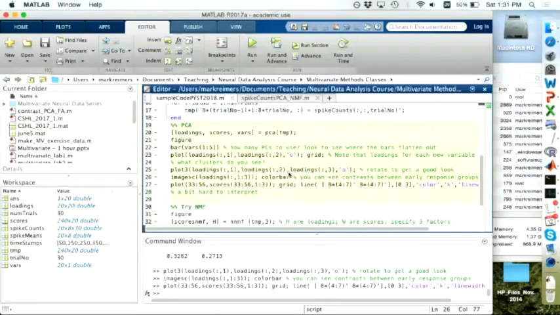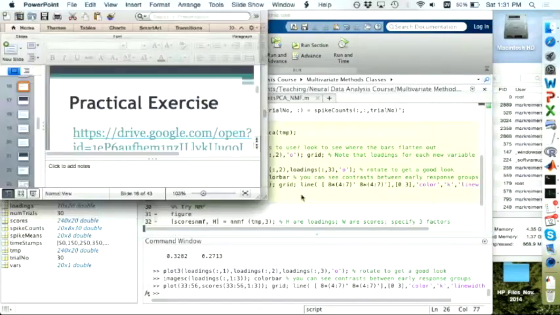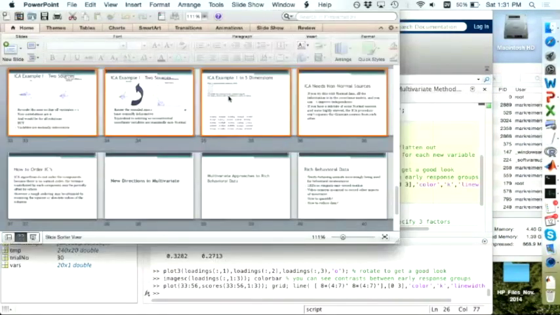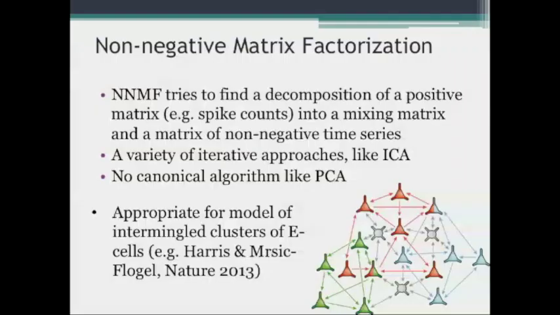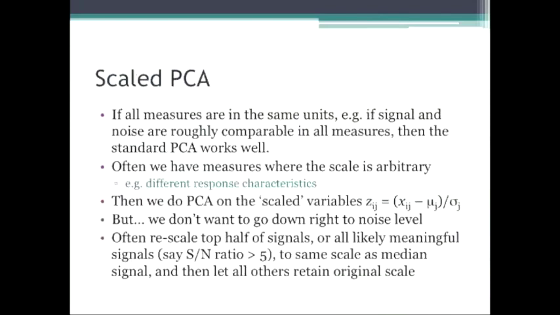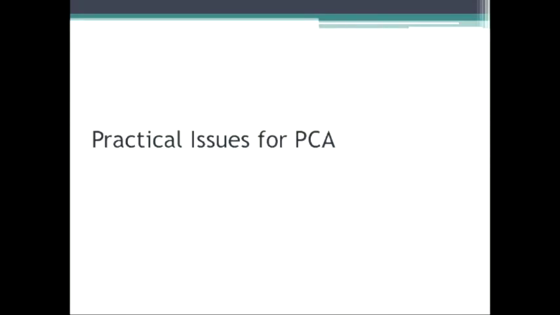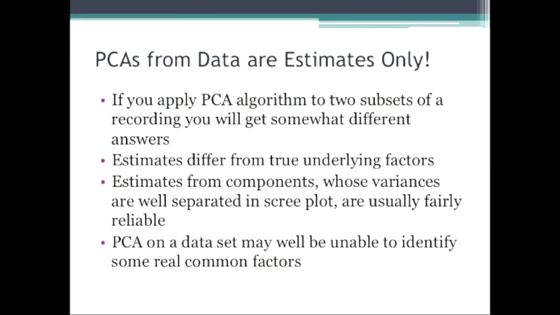I want to switch back to the show. Okay, oops. Here we are.